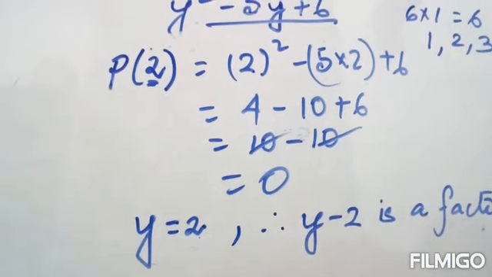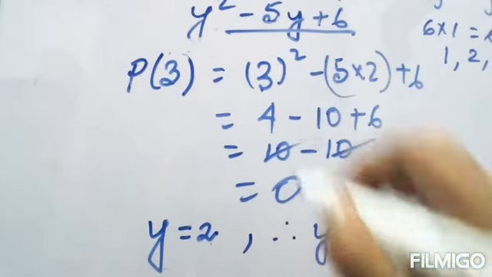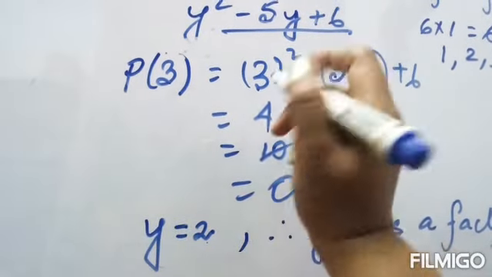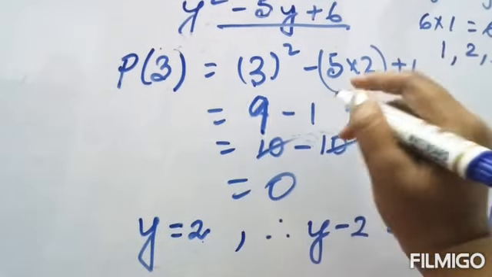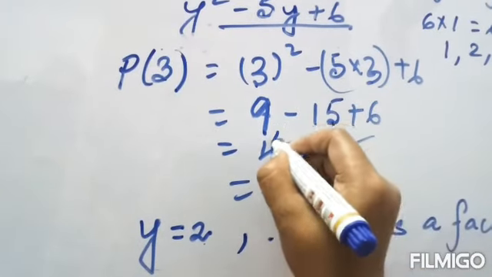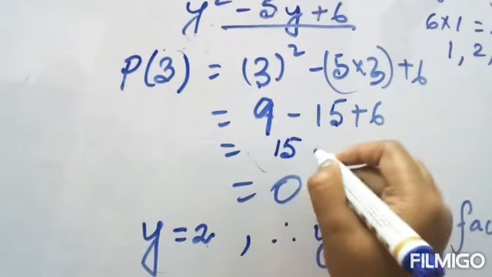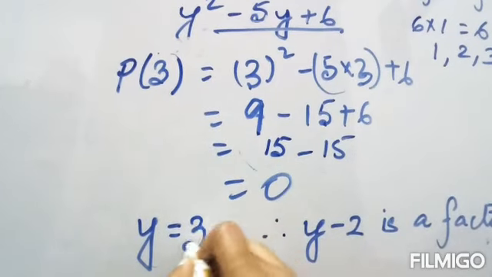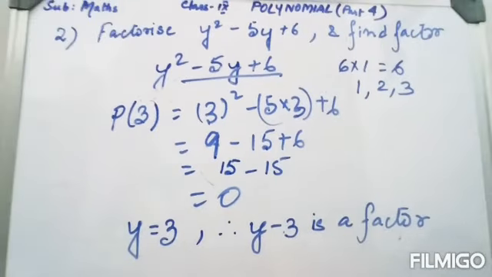Similarly, we'll substitute 3. So this will become 3 square minus 5 into 3 plus 6. 3 square means 9. 5 into 3 is 15. 6 plus 9 is 15. 15 minus 15 means 0, which means y's value is 3, and y minus 3 is again a factor.